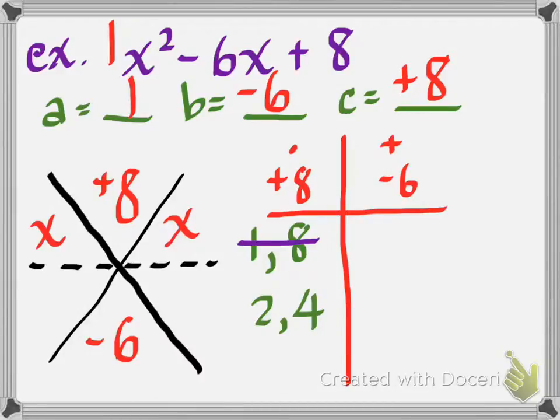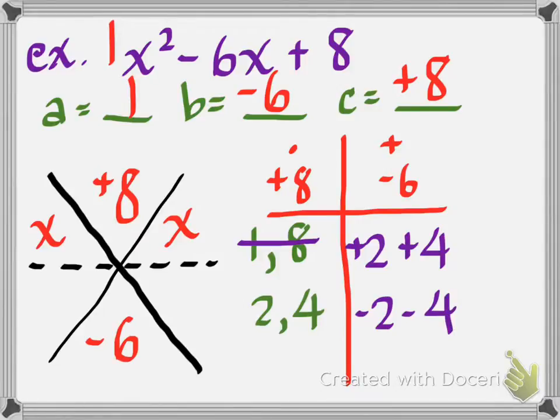Because I have to multiply to a positive, I have to have the same signs. I could either have a positive 2 plus a positive 4, or I could have a negative 2 minus a 4.